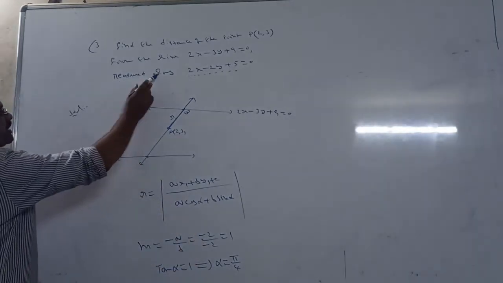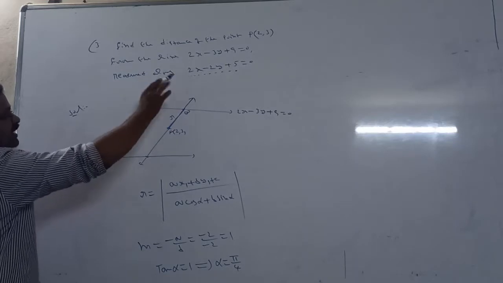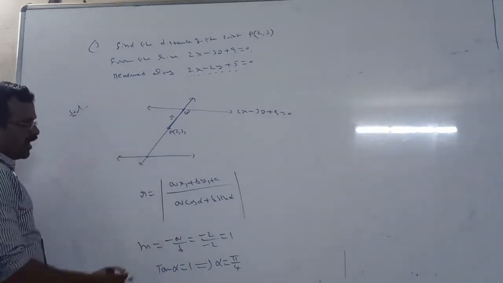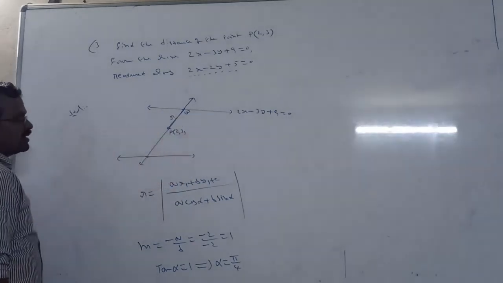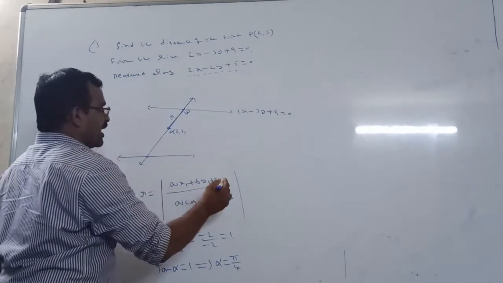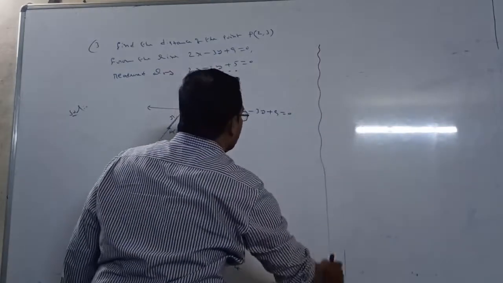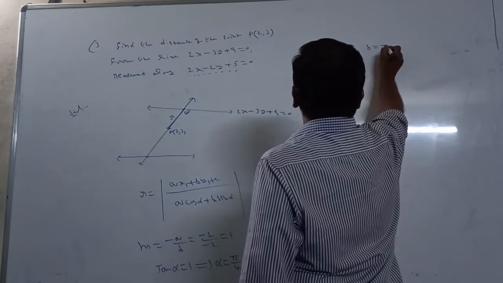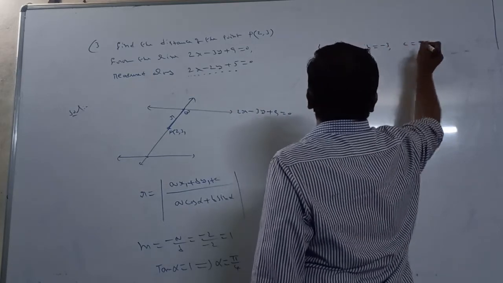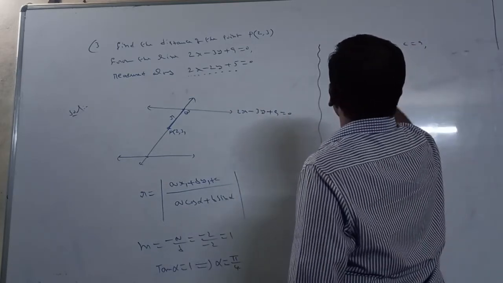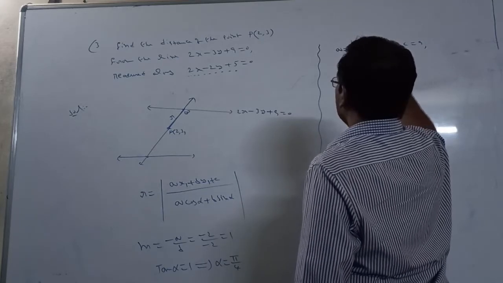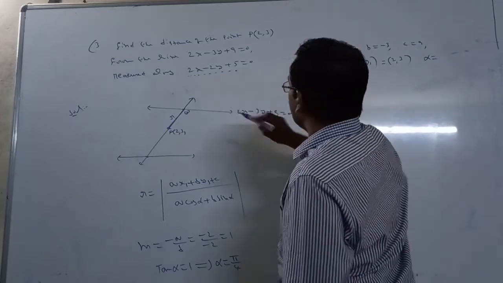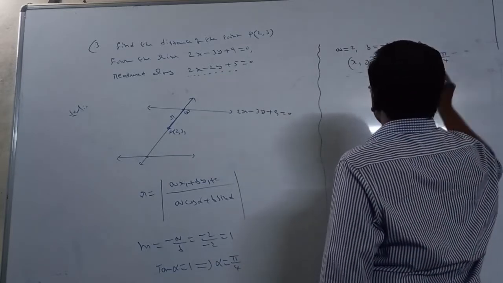When they give "measured along that line," you should find the slope, and from the slope you should find the angle. After that, x1 y1 means 2, 3. A, B, C means for this line: a value is 2, b value is minus 3, c value is 9. Obviously x1 y1 is 2, 3 and the angle, I found by using this statement, is pi by 4.